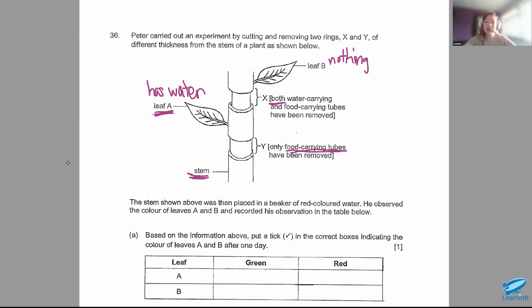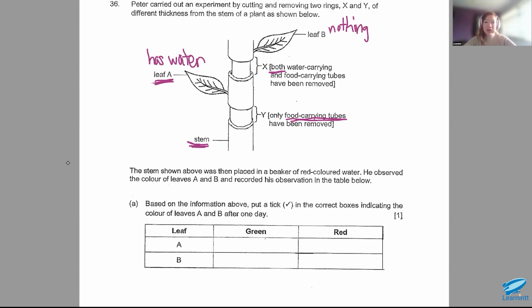Now the question. Let's move a little up. The stem shown above was then placed in a beaker of red colored water. He observed the color of leaves A and B and recorded his observation in the table below. Based on the information above, put a tick in the correct boxes indicating the color of leaves A and B after 1 day. After 24 hours, the water will be transported up the stem. It can still go up over here, right?